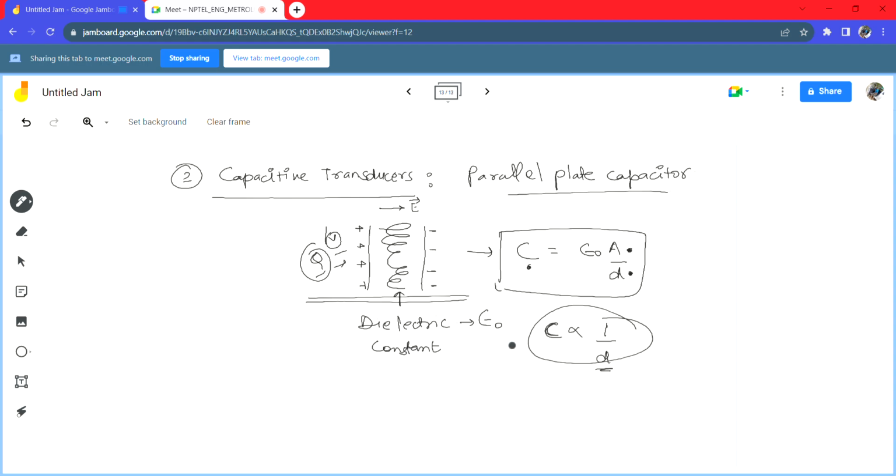So eventually, if I design a mechanism by which I apply a force F onto the parallel plates and these parallel plates start coming closer to each other and this D reduces, the capacitance will increase.